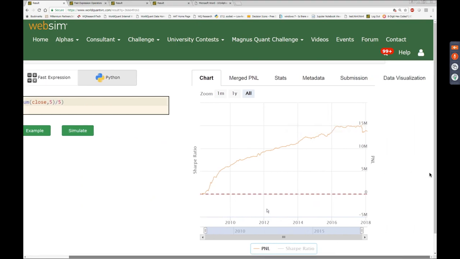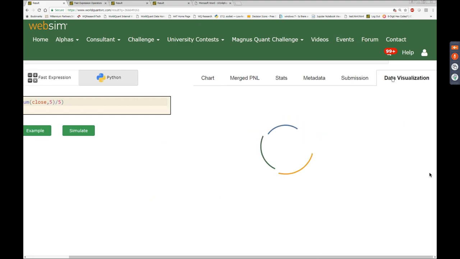Now, for everybody who's already a consultant, we take a look at the data visualization. This is a feature that you get to use once you become a consultant. So if you're currently a user, you will not be able to see this, but I will take a look at this anyway.